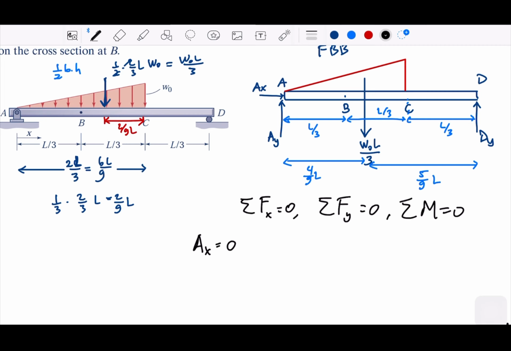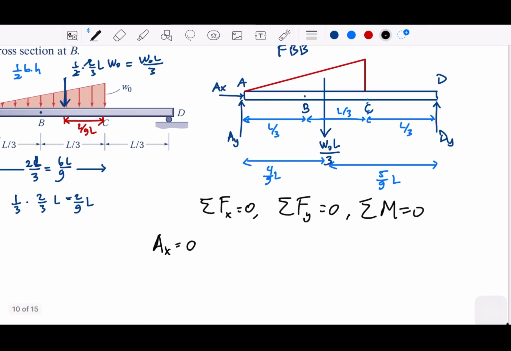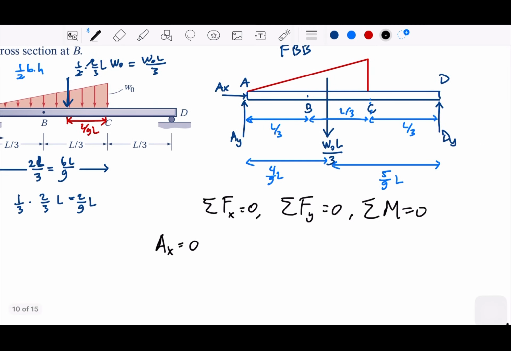And then for the y-axis, sigma Fy equals 0. This is equal to AY plus DY equal this, right? And we need to find AY and DY.